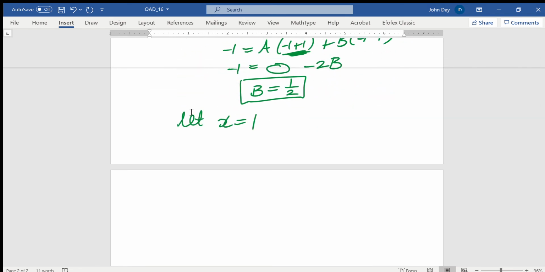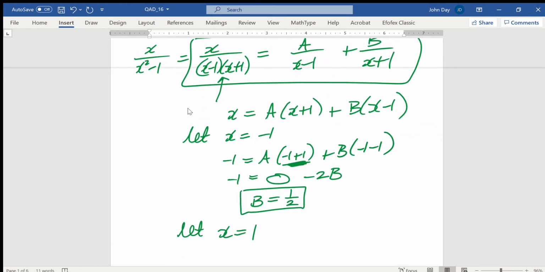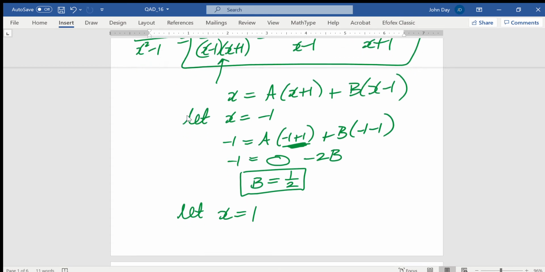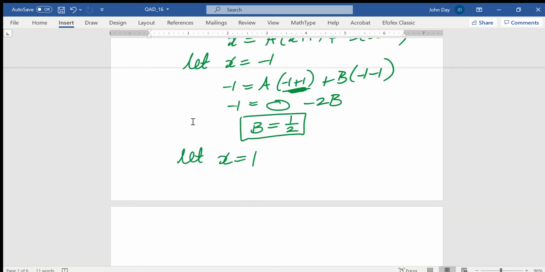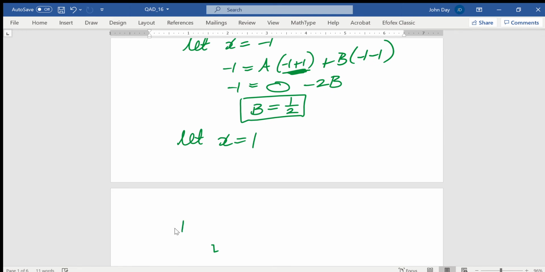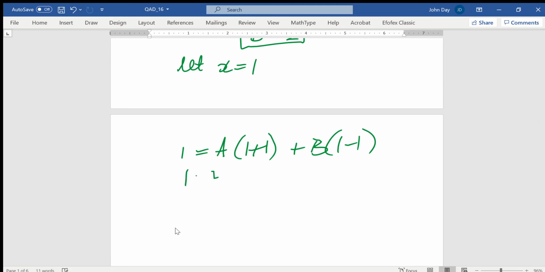Okay, if we let x equals 1 in that, we get 1 equals a times (1 plus 1) plus b times (1 minus 1). So we get 1 equals a times 2, so a also equals a half.